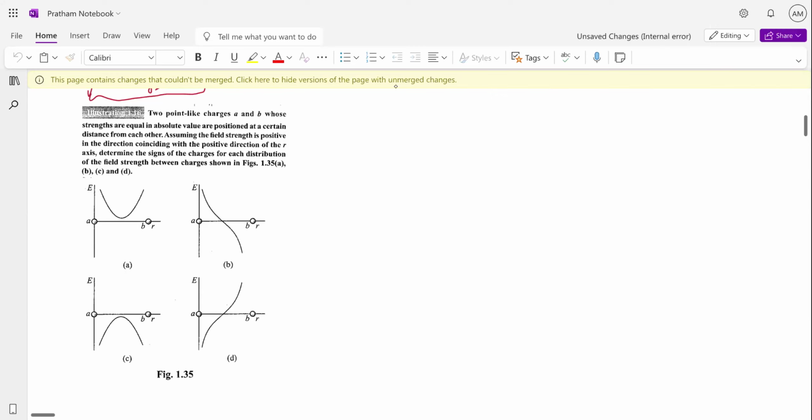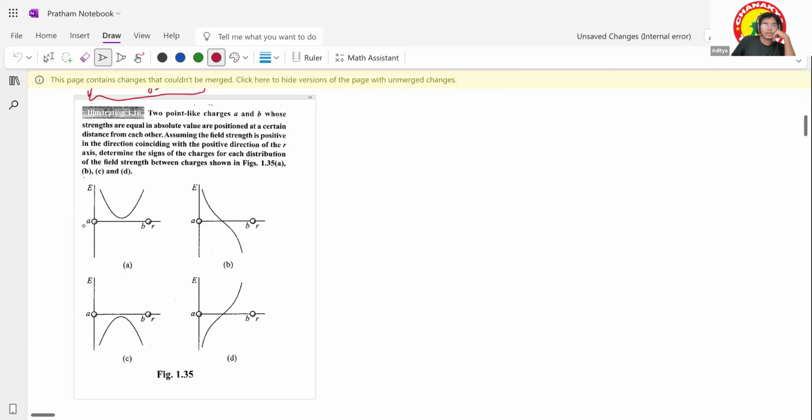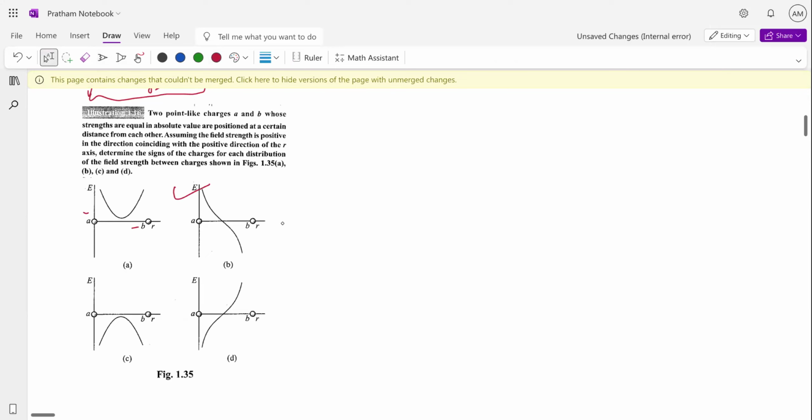I think both should be negative, but I'm not so sure about B. Sorry, in the A part, the A charge should be negative, and I'm not so sure about the B one.